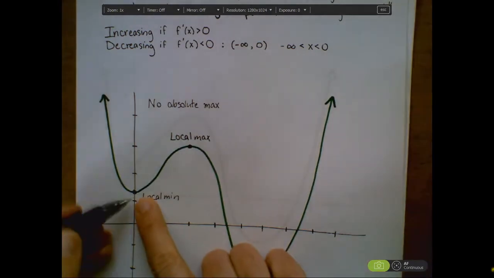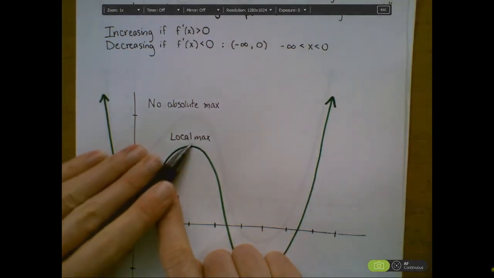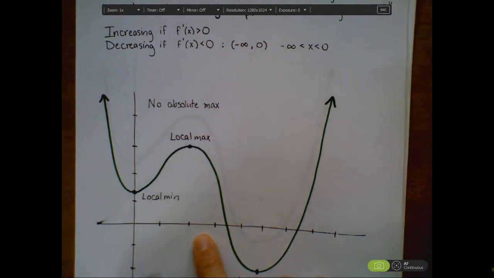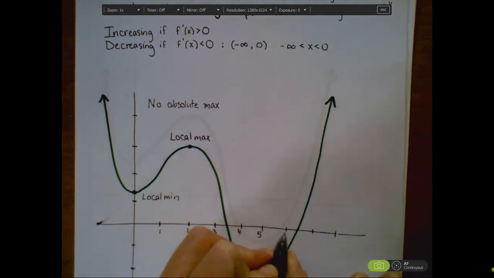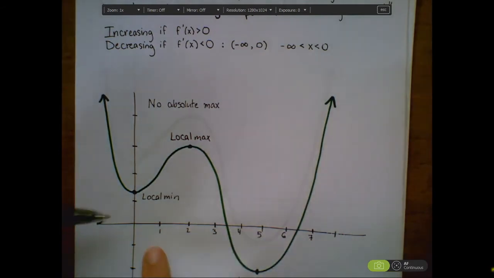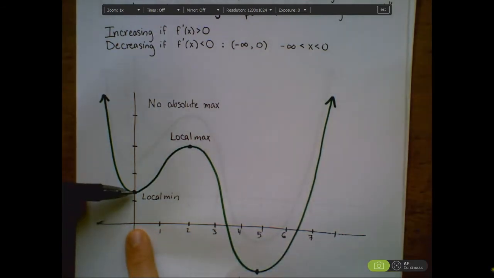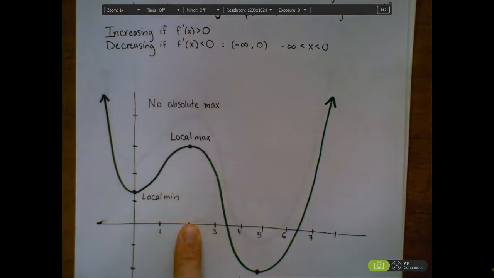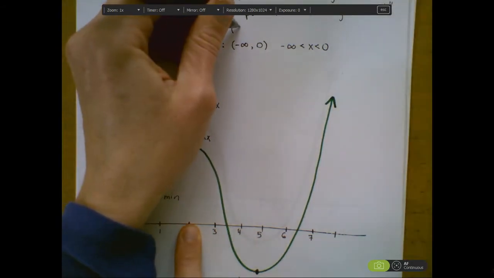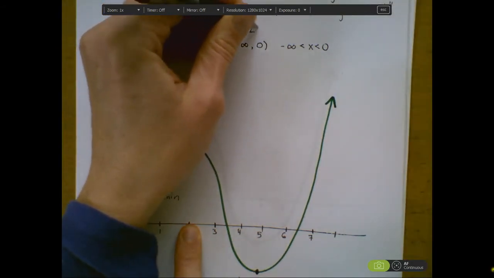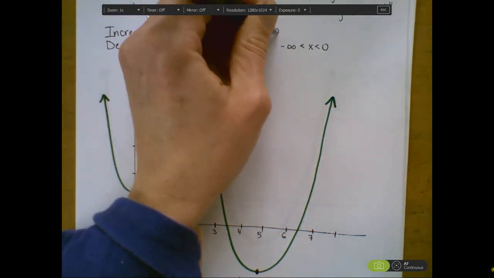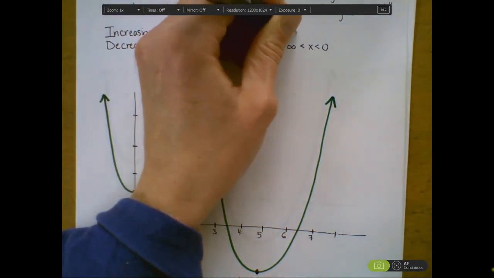And after that decreasing portion, our slopes become positive. So on this interval, it's increasing. On the interval from x equals 0 to 2, our function is increasing, which can be written in interval notation as 0 is less than x is less than 2.